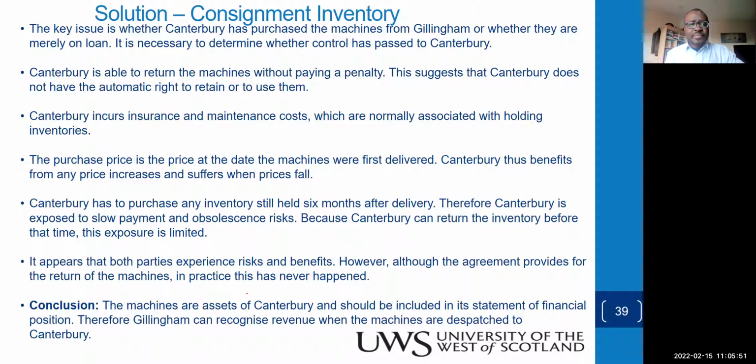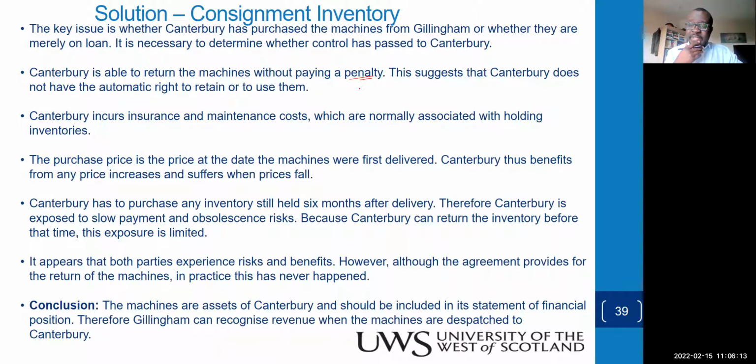So like I'm saying, the key issue is whether Canterbury has purchased the machine or whether they are merely on loan. So we have to determine where control has passed on to Canterbury. So Canterbury, we are saying, can return it without a penalty. So it means Canterbury does not really have automatic right to retain them.